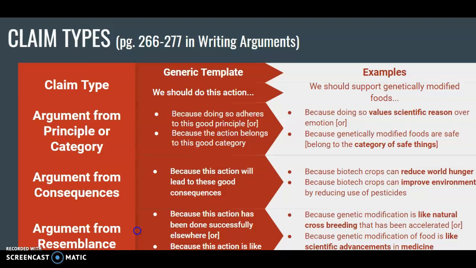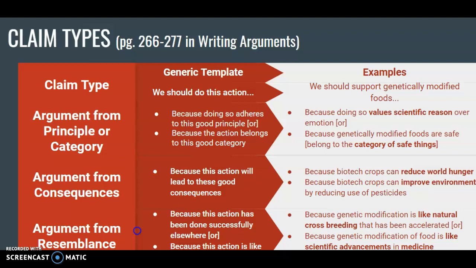So you're saying the principle of science takes precedent over emotion because genetically modified foods are safe. So they belong in the category of safe things. From consequence, that this action will lead to these good consequences. Because biotech crops can reduce world hunger, biotech crops can improve environments by reducing the use of pesticides.